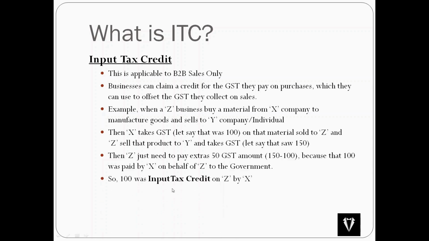So 100 will be your input tax credit on Z by X. So 100 is the input tax credit on your wholesaler who is supplying the products to you to sell on Amazon. Are you guys paying attention? Is it totally clear? Are you guys listening?